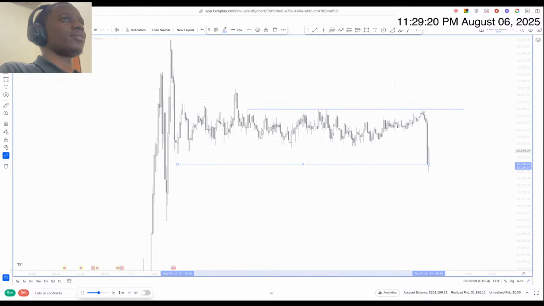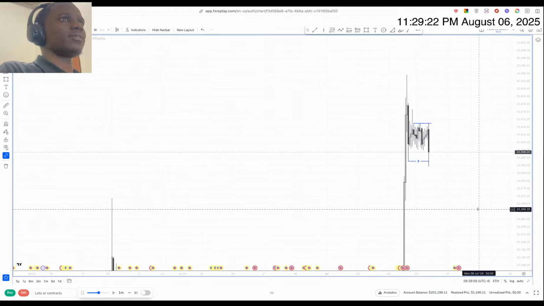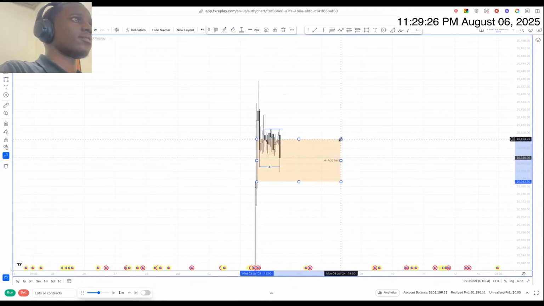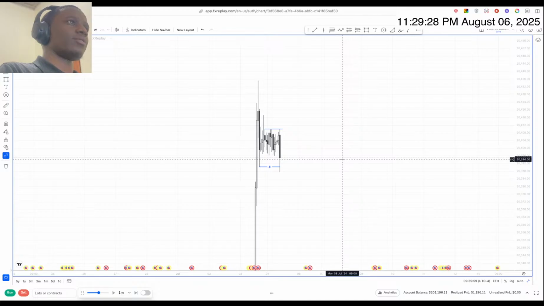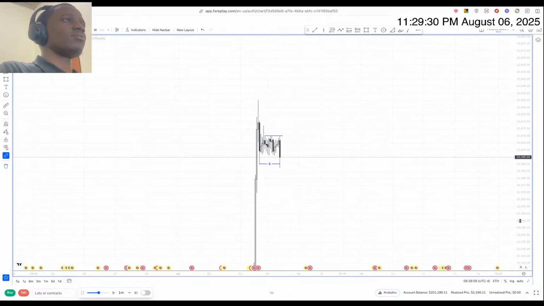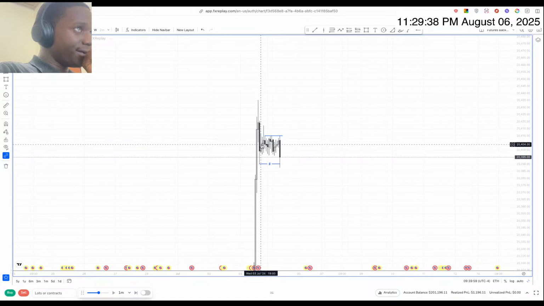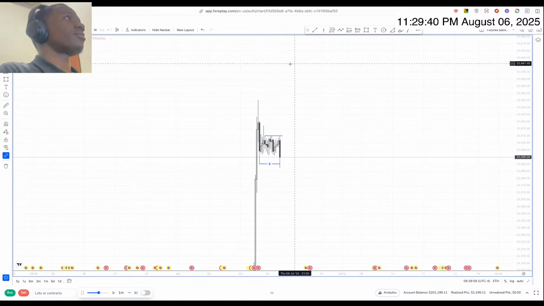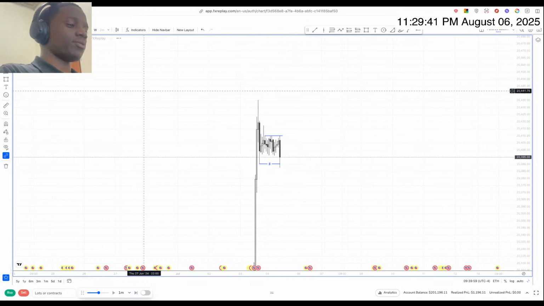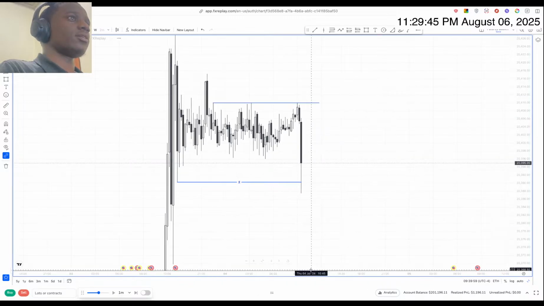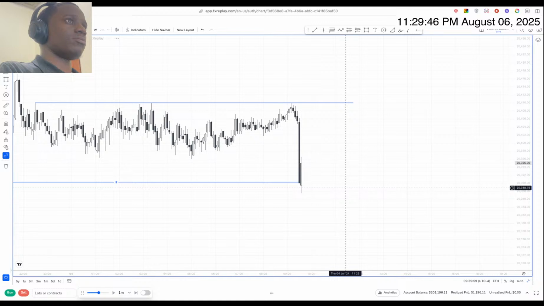Now on the 1 hour, you can see we're in this fair value gap, so this might be about to form. So we have this accumulation, manipulation, then the distribution to the upside. So now the 15, I'd like to see it form some kind of reversal.